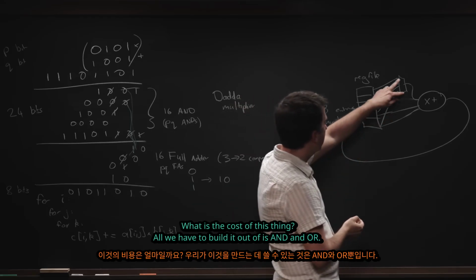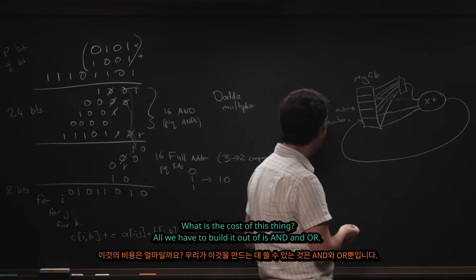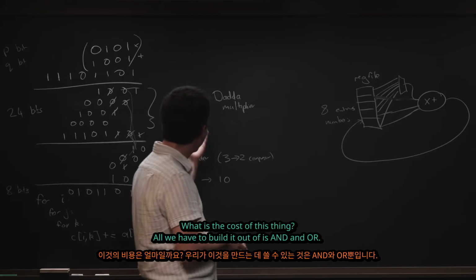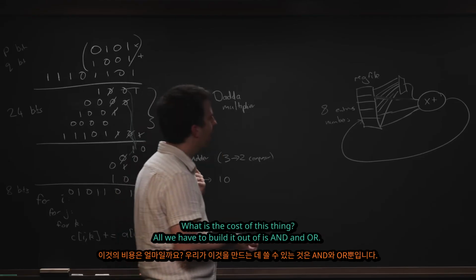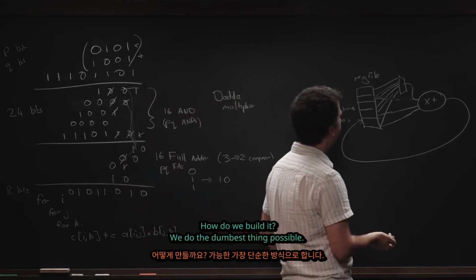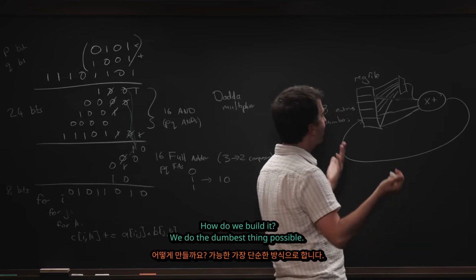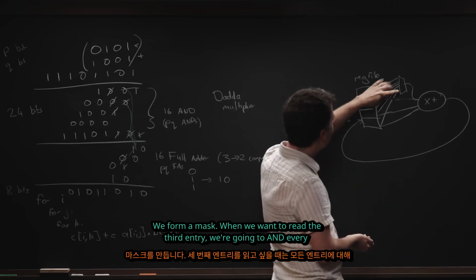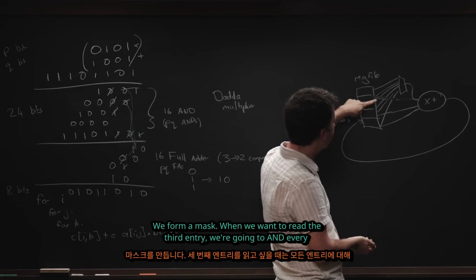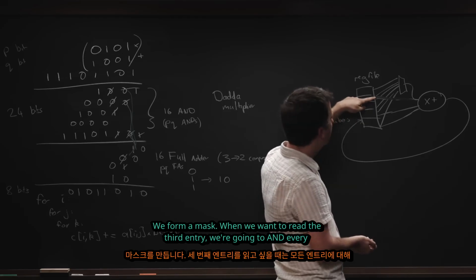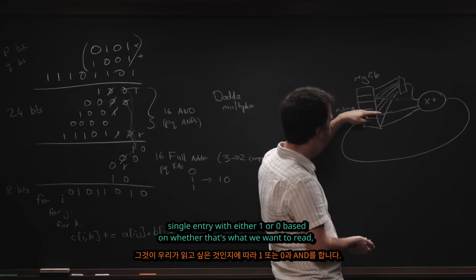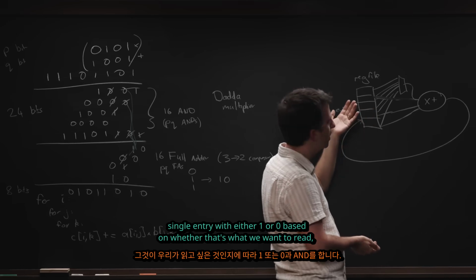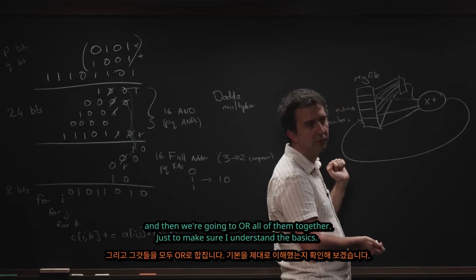What is the cost of this thing? All we have to build it out of is AND and OR. So how do we build it? We do the dumbest thing possible. We form a mask saying when we want to read the 3rd entry, we're going to AND every single entry with either 1 or 0 based on whether that's what we want to read, and then we're going to OR all of them together.